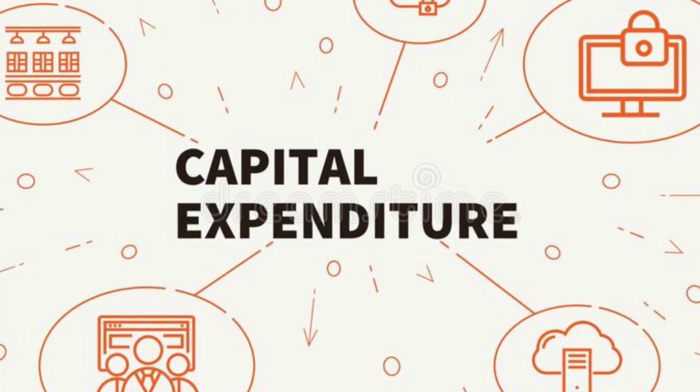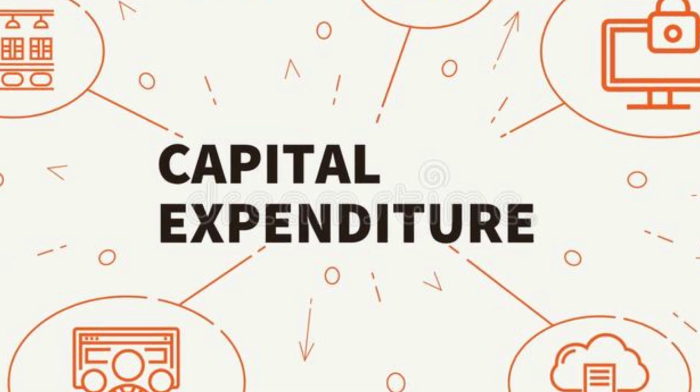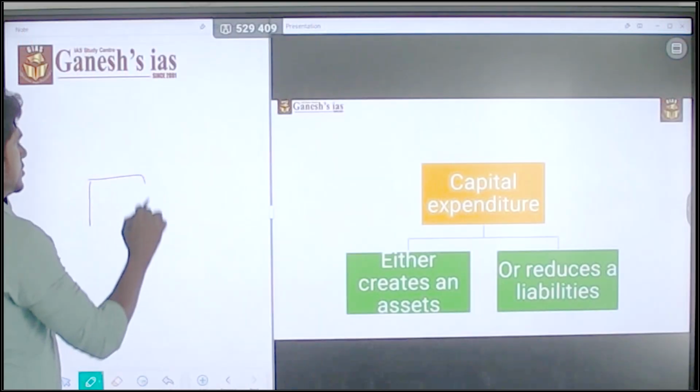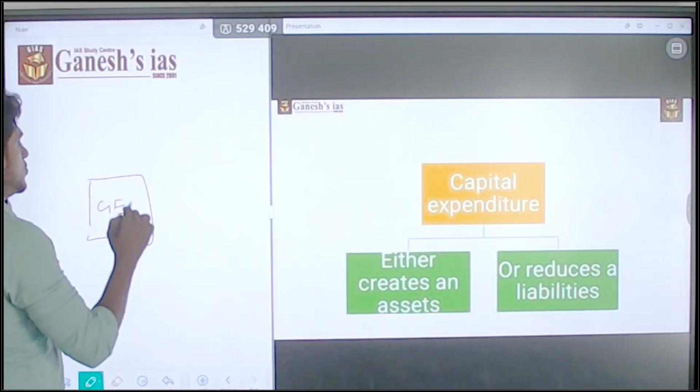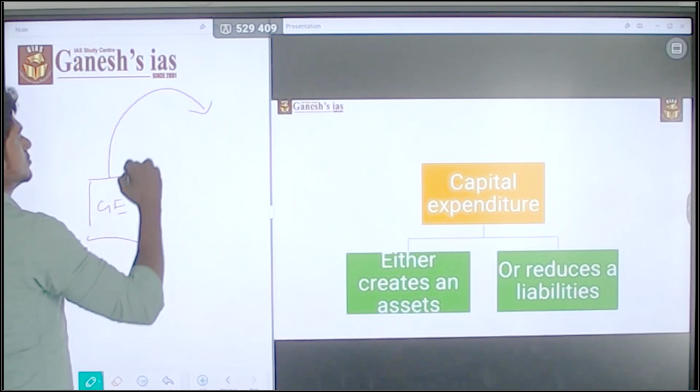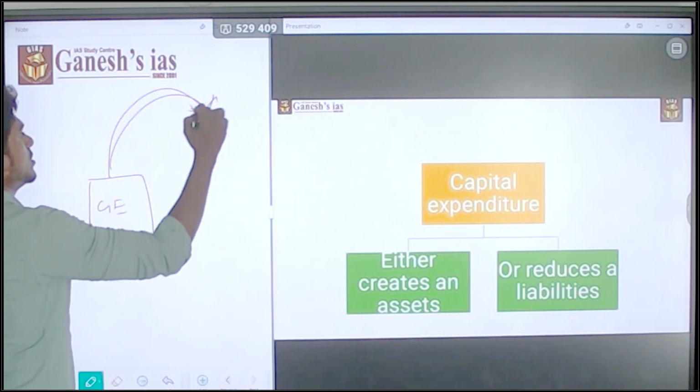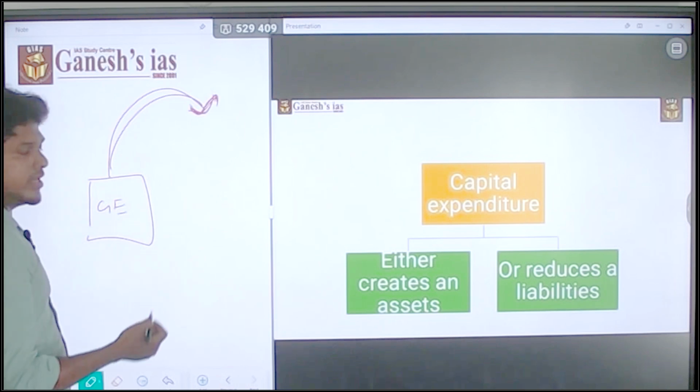Next is what is capital expenditure. Expenditure means money is moving away from the government exchequer. How will the money move away?